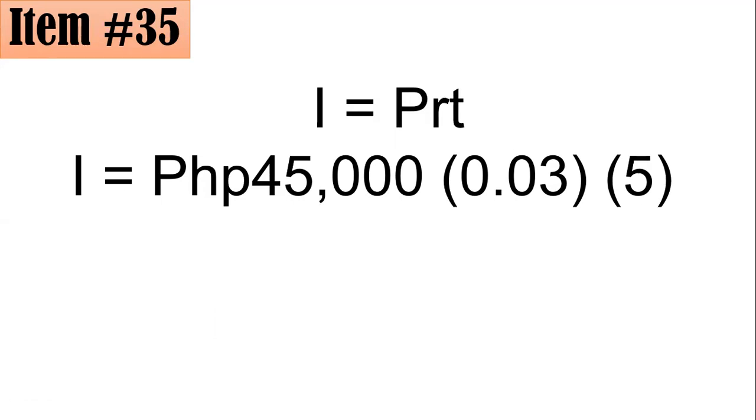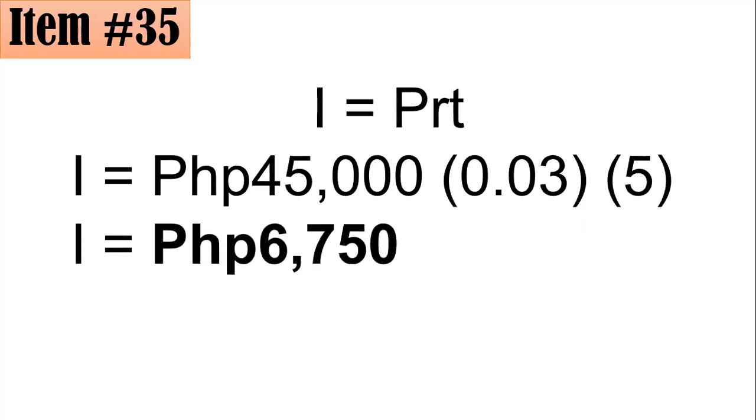And simplifying this using our calculators gives us, very good po, 6,750 pesos. So it has to be letter D. Okay. So sa lahat po ng sumagot ng D, you got it right. Thank you.